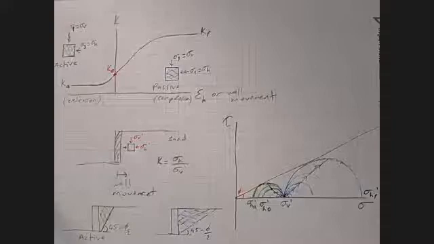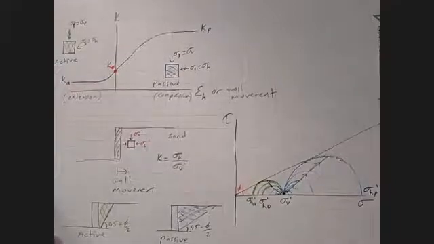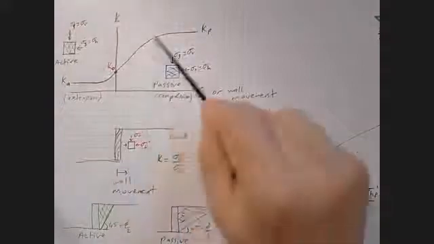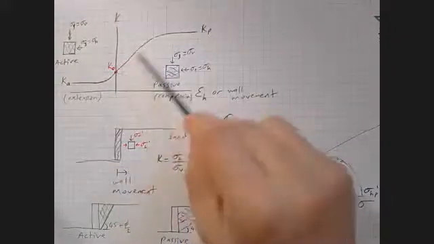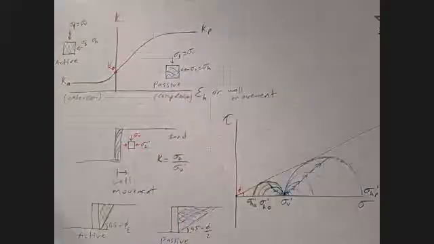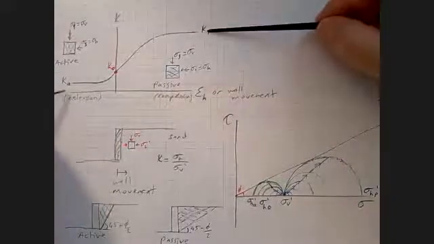So this is your passive mode of failure. What happens in between here, how the stress varies in between, is beyond the scope of this course because it requires some more complex analysis. But what we are going to learn is these active and passive states.